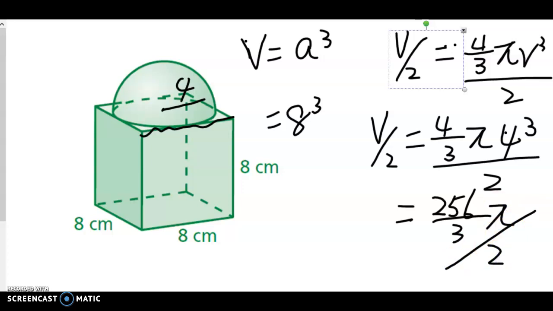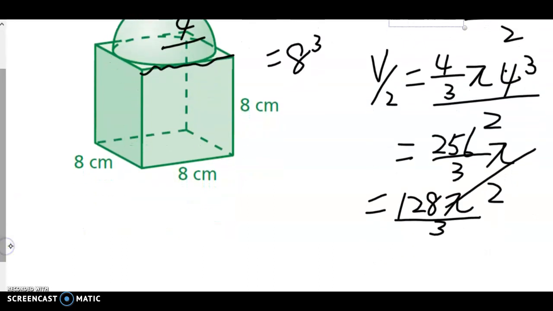If you divide by 2, that means you multiply by 1/2. So the answer will be 128 pi over 3.